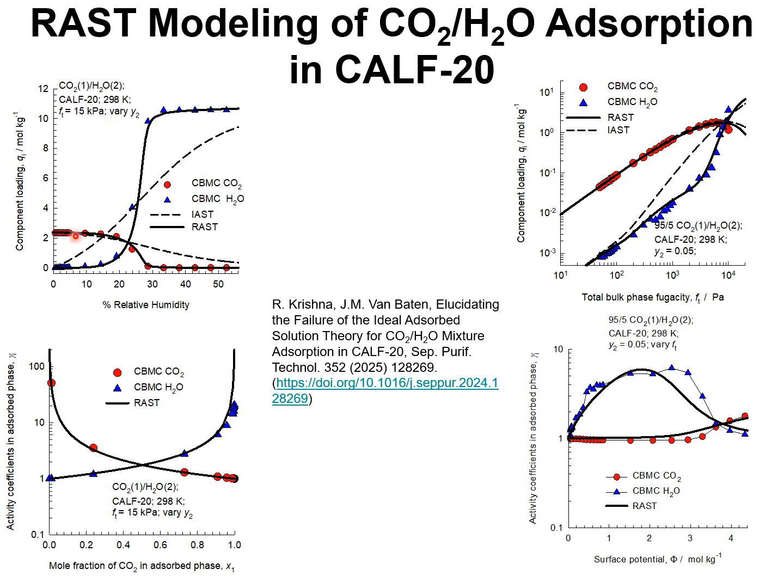On the left hand side, we have one set of CBMC simulations in which the total fugacity of the mixture is maintained at 15 kilopascals and 298 Kelvin, and the mole fraction of water in the bulk fluid phase is varied, and this implies that the percentage relative humidity is varied. The CBMC data are shown for water by the blue triangles, and the red circles are for CO2.